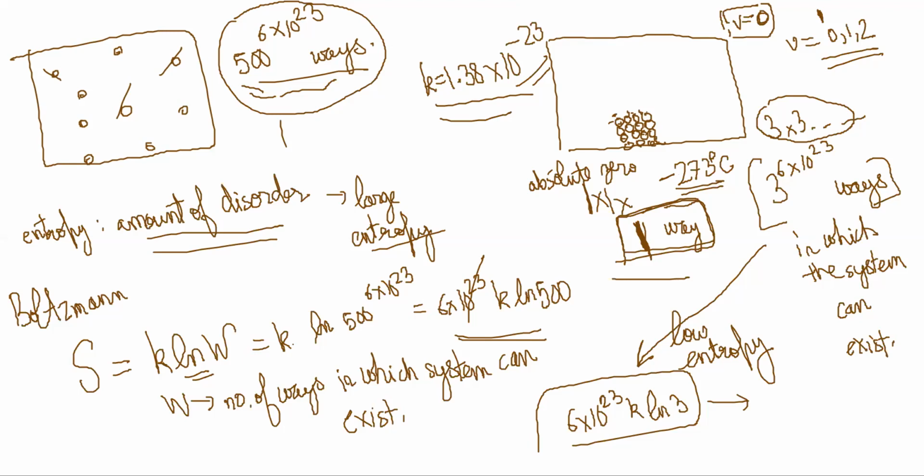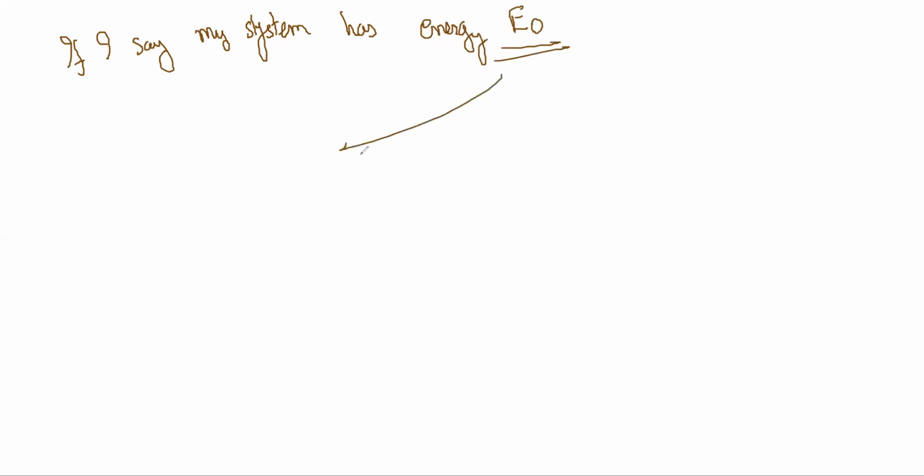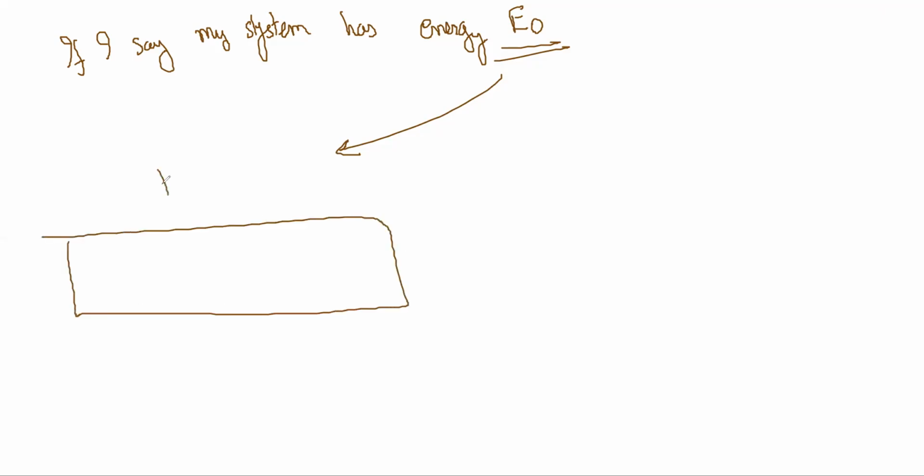So basically, if I say my system has energy E naught, now if I want to find entropy, I have to find how many ways the system can exist with total energy E naught. Suppose there are 4 particles.